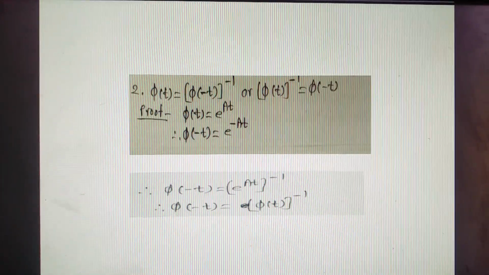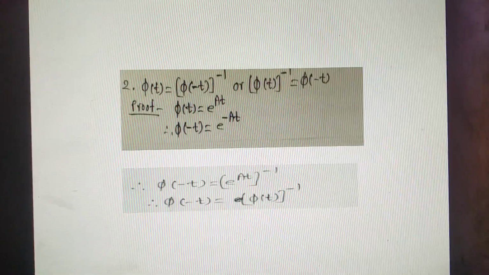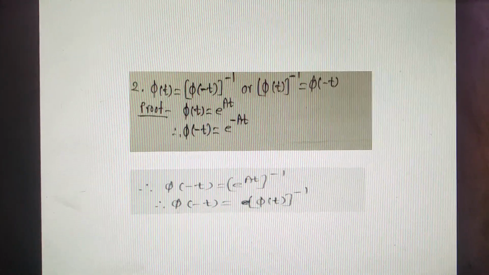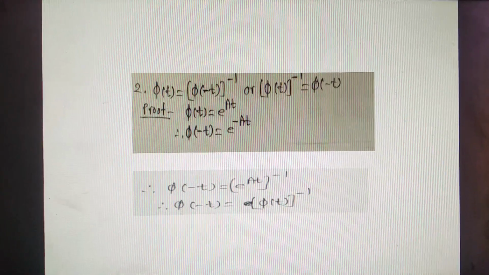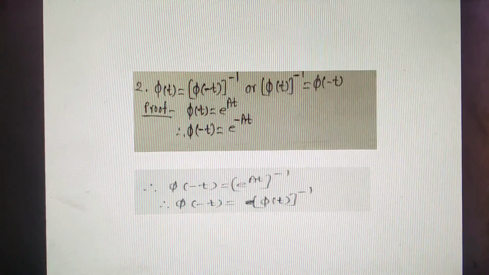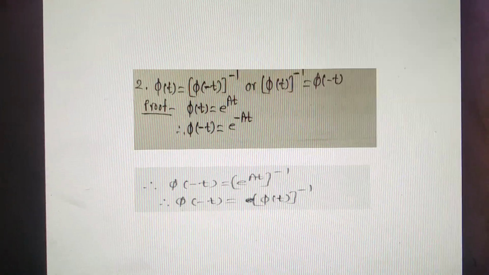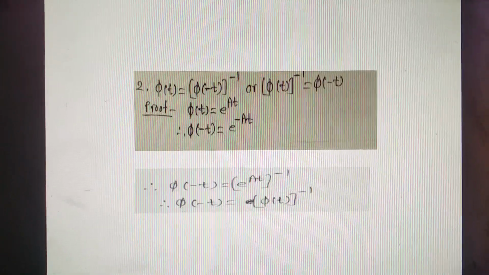Next, phi of t is equal to phi of minus t inverse, or phi of t inverse is equal to phi of minus t. Phi of t, as we know, is equal to e raised to at. Phi of minus t will become e raised to minus at. Replace t by minus t.